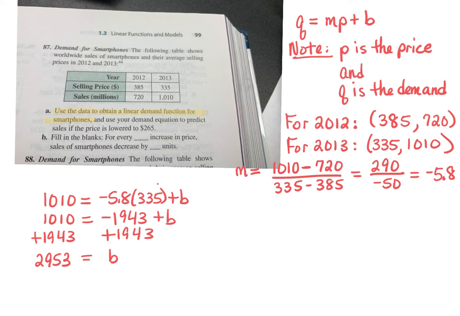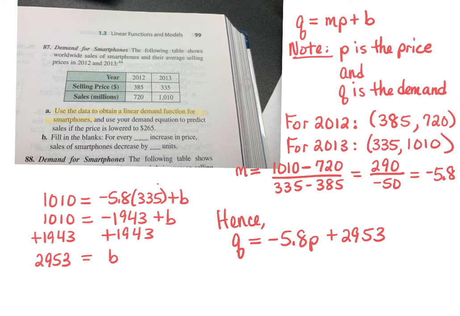So B equals 2,953, which means whenever we have to find our linear demand function, Q, we have all of our information. Hence, we can say Q is what? Negative 5.8 times P. Good. Times your price plus 2,953.